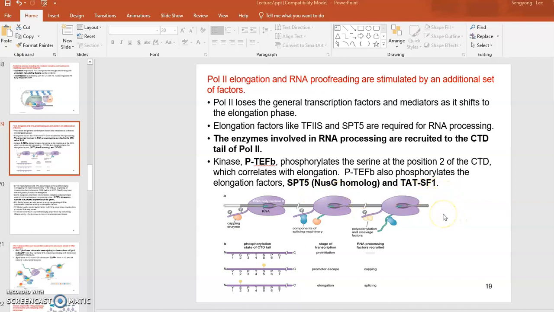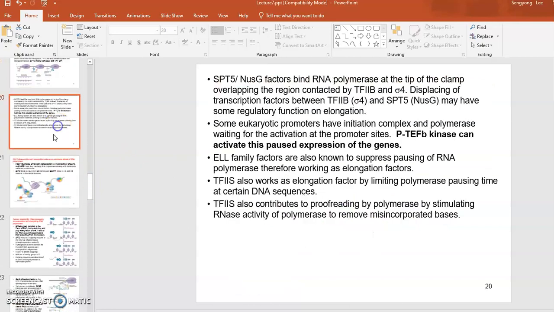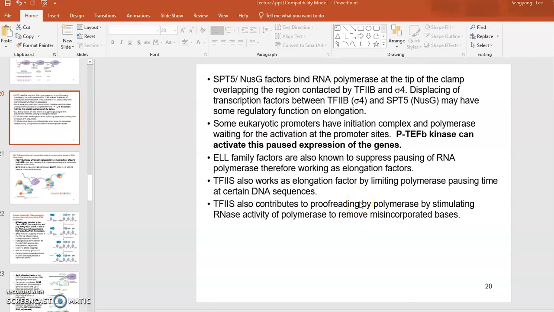Understand, so different sets of transcription factors are involved in the elongation process. That's what it says. And these SPT5 and NOS-G factors can also bind between the factor 2B and the SPT5 area. They may have some regulatory function during the elongation.